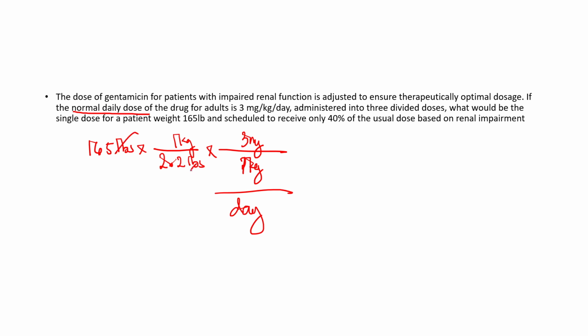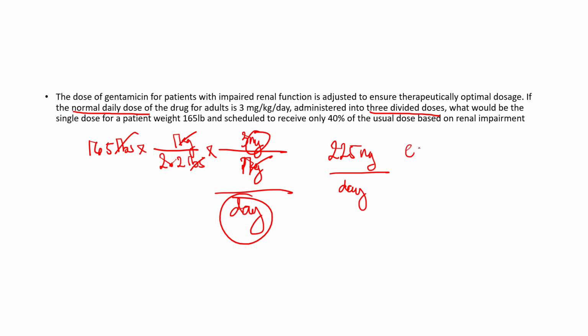Okay, pounds, kilograms, will end up with milligram per day. So 165 divided by 2.2 times 3. So the total is 225 milligram per day.